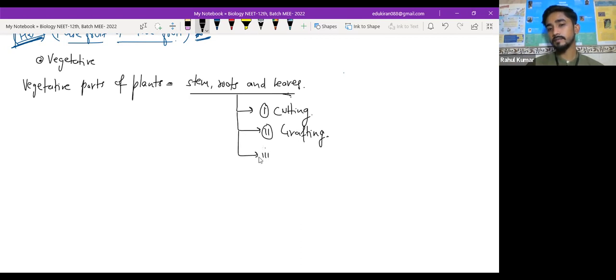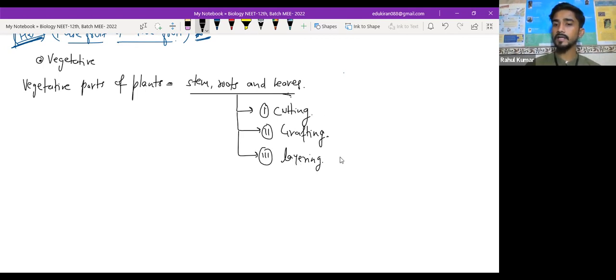There are other examples like layering. In layering, we take a branch, put it down into the soil and cover it with soil. We do not cut that branch, we just pull it. If it is a plant which has branching closer to the ground, it is possible to pull that branch and bury it in the soil halfway. The buried part starts producing adventitious roots.